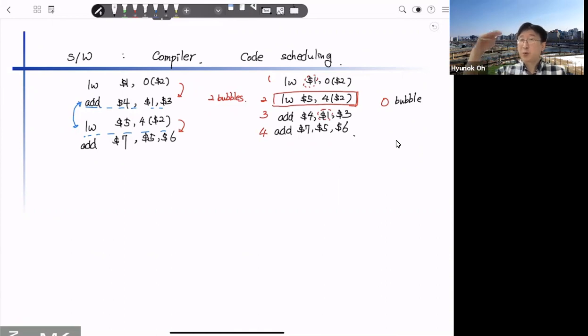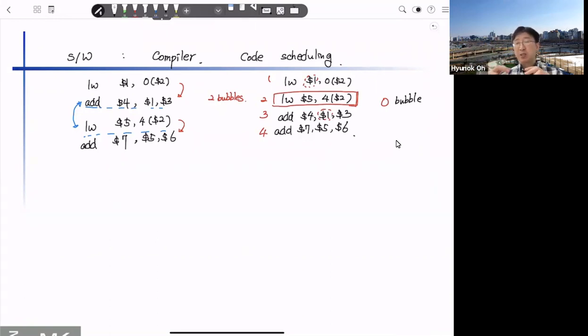Scheduling means that we are determining the order of the code. If we change the order of the code, then we can reduce this bubble. That is the main job of the compiler. If the compiler can change the order of the code, it can improve performance by reducing the number of bubbles.